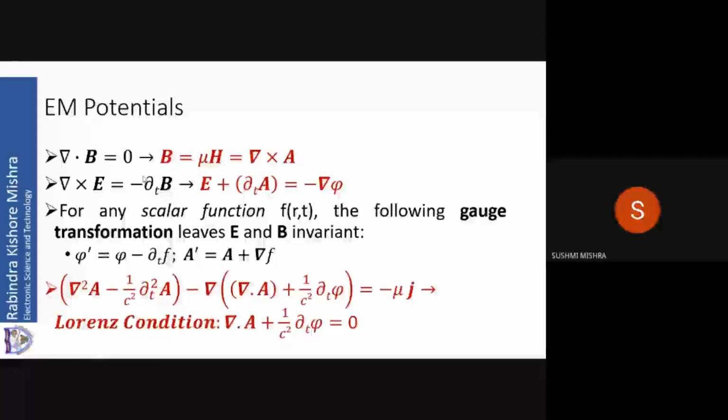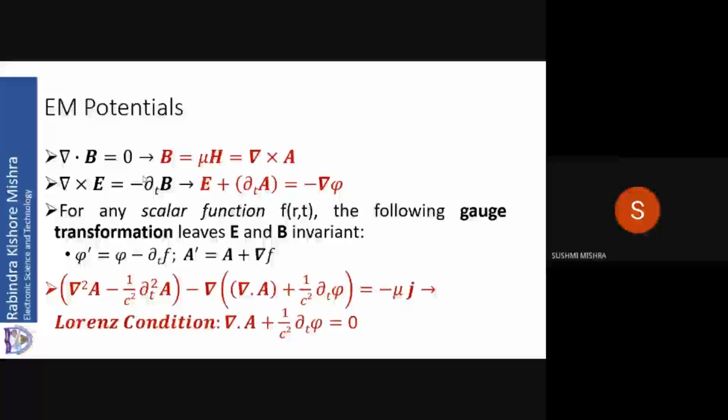How did we find out Lorentz condition? Using a gauge transformation, we saw that the fields are invariant under gauge transformation. If we take phi dash as phi minus dou T F and A dash as A plus grad F, then there is no change in the fields for A and A dash, phi dash or phi and A, which means they are not being affected under any transformation.